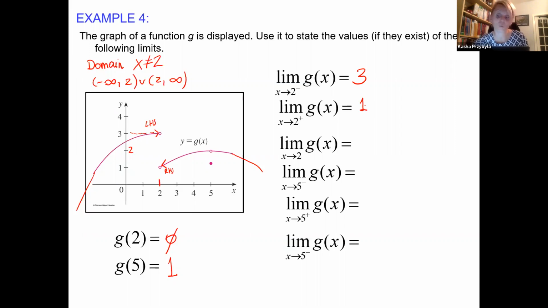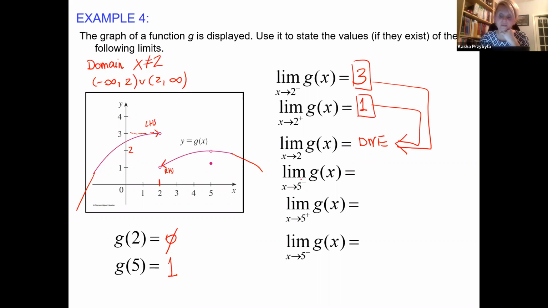Excellent. Which means, what is the limit at 2? Of course, the limit is undefined. And I can nicely say, this is my justification. This is my proof: two different one-sided limits, so overall the limit is undefined.